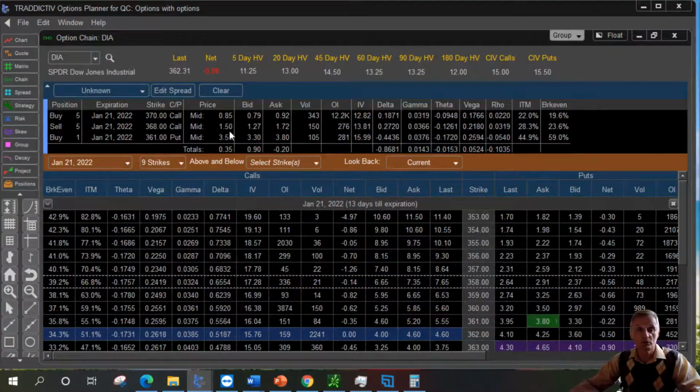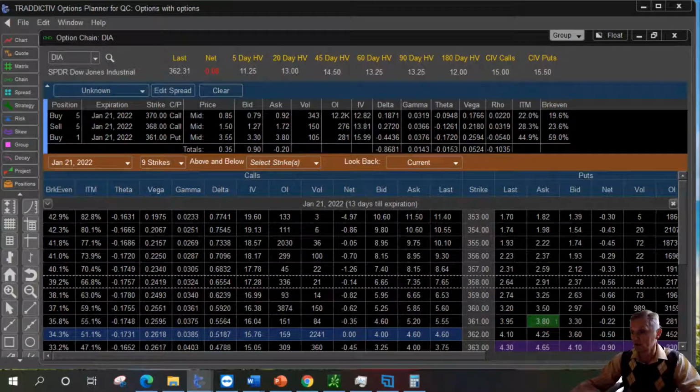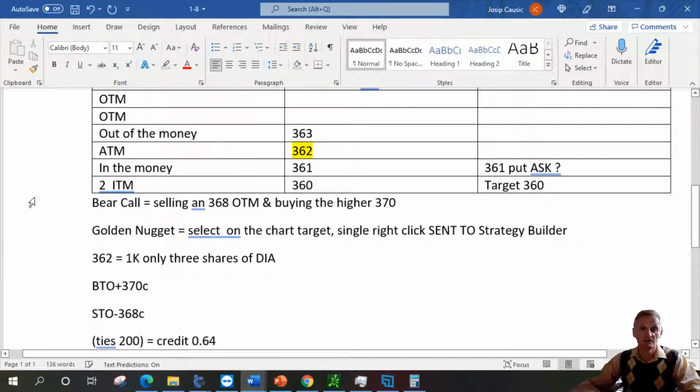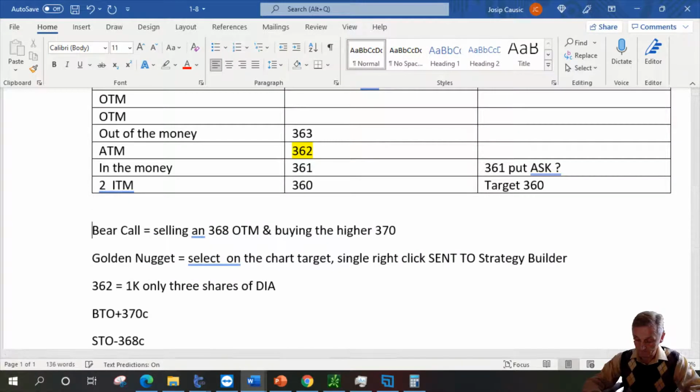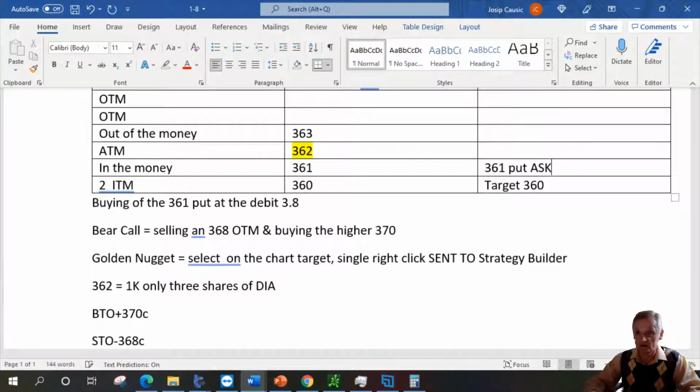There are a couple of things here that I want you to notice. 380 is the cost of my put. So in this trade, I'm buying the 361 put at a debit of 380. So now we know that put costs 380.